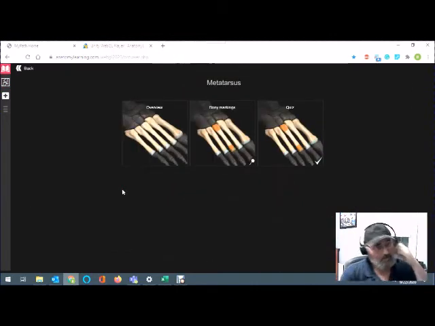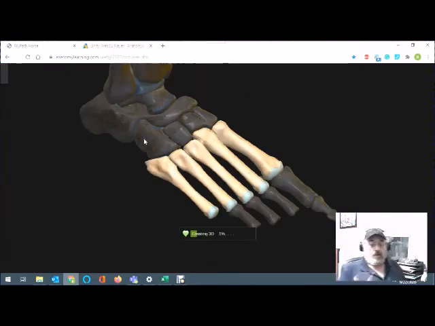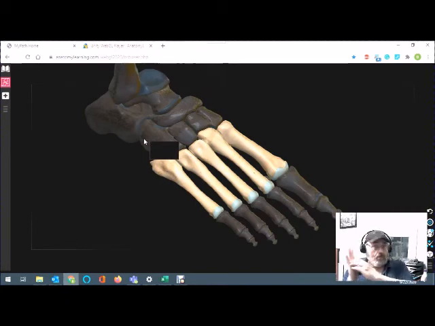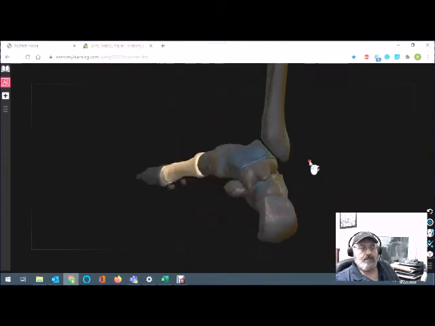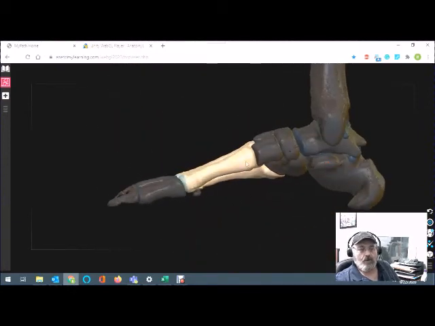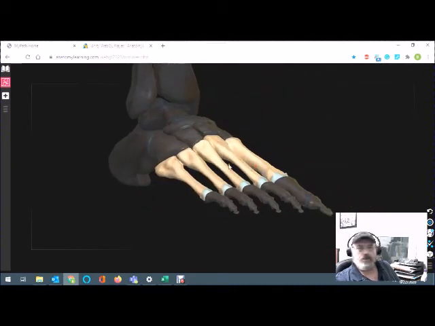Just like we have carpals or metacarpals, we have metatarsals. These make up a big portion of the arch of the foot. You don't need to know anything else about them, but we've got 5 of them.